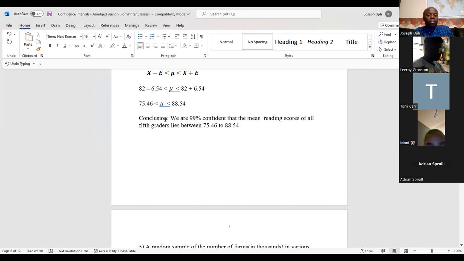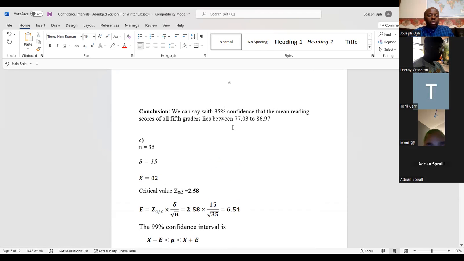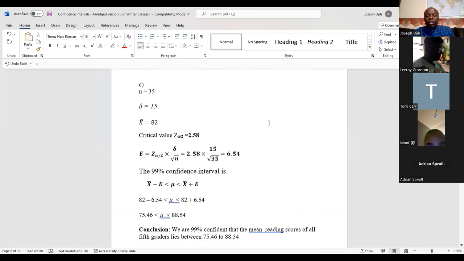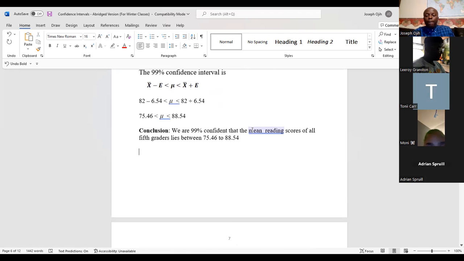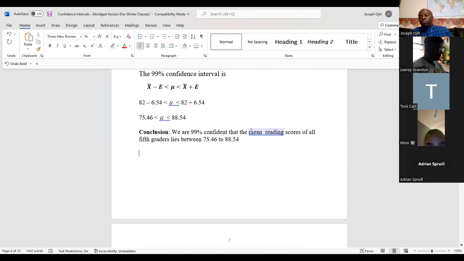When we used 95%, it was 77.03 to 86.97. When we use 99% confidence, it is 75.46 to 88.54. So that's how to do a confidence interval for the mean. Any question on this?